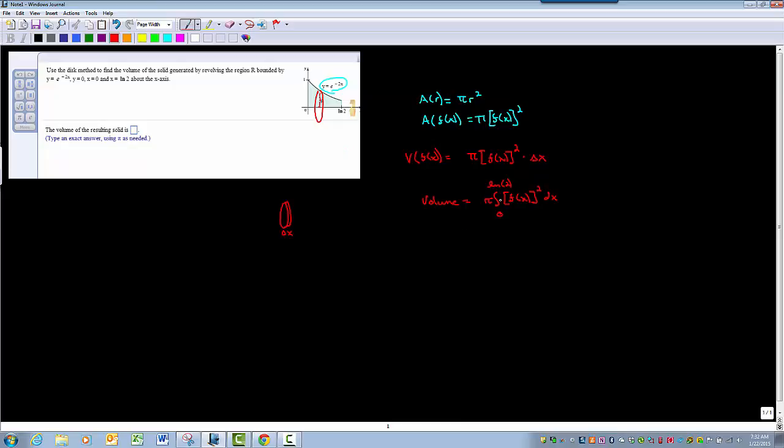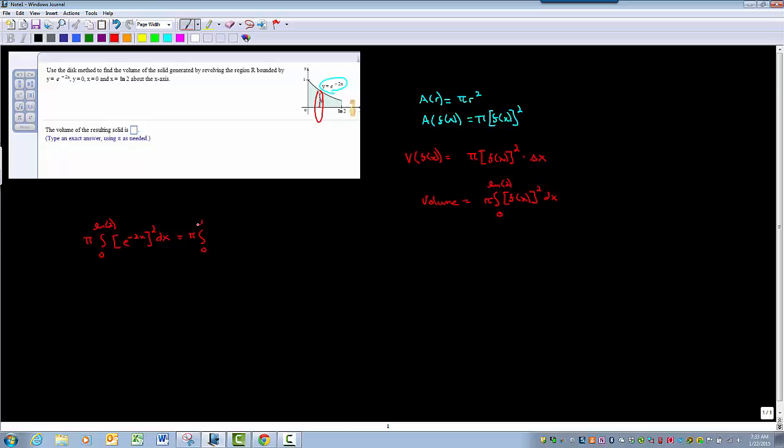Okay, so we need to go ahead and do some substitution here. So we've got some formulas. We know that the function, the radius values, are all e to the negative 2x. Okay, so we've got pi times the integral from 0 to natural log of 2, which is just a number, of e to the negative 2x squared dx.